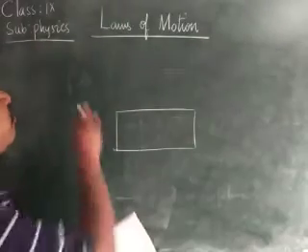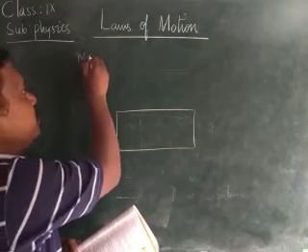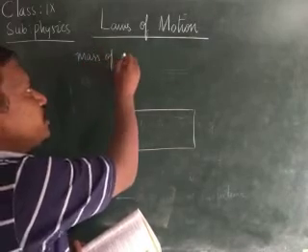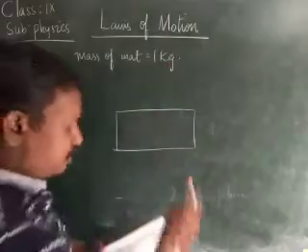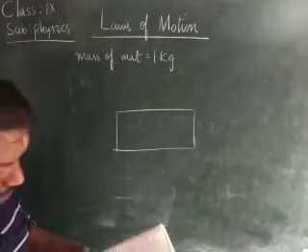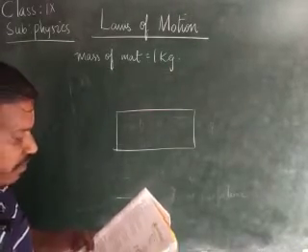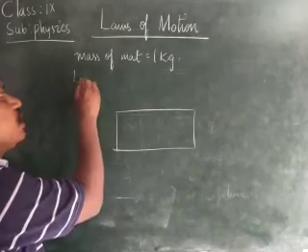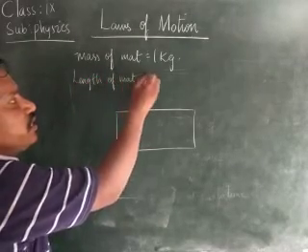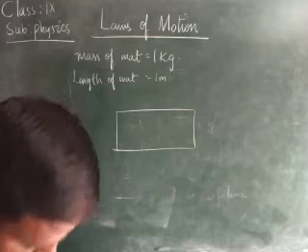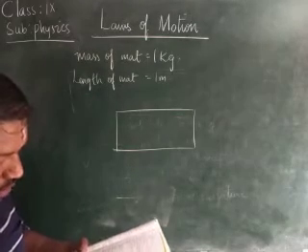Here the mass of the mat is given, that is equal to 1 kg, children. And the length of the mat is also given, that is equal to 1 meter.